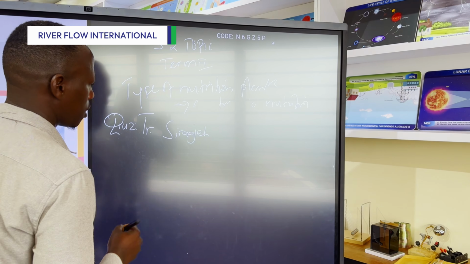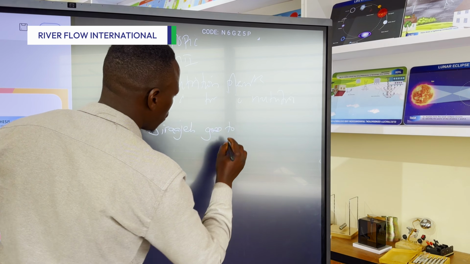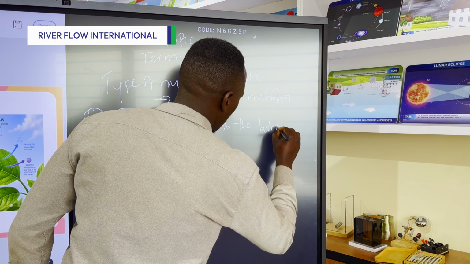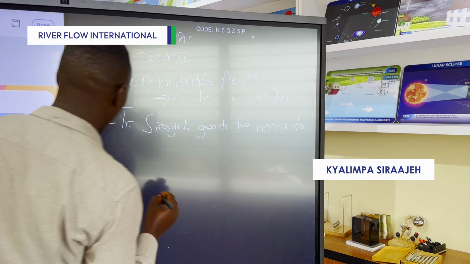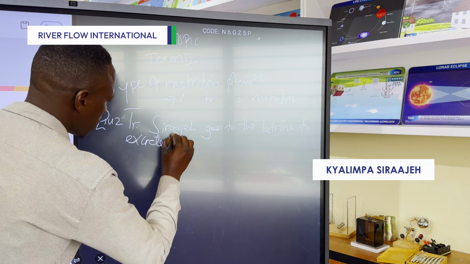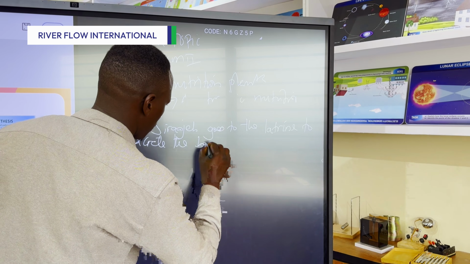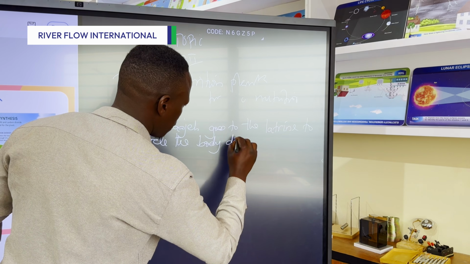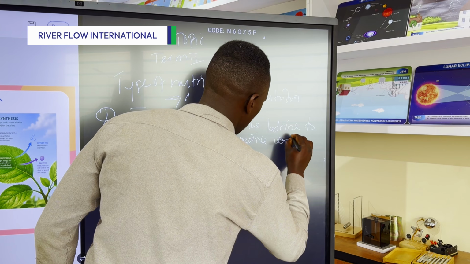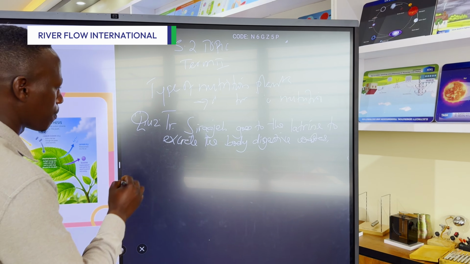Teacher Siraj goes to the latrine to excrete the body's digestive wastes.